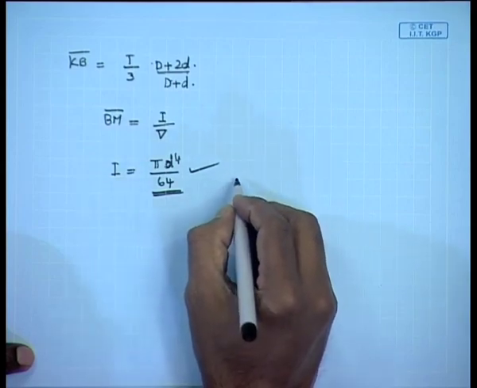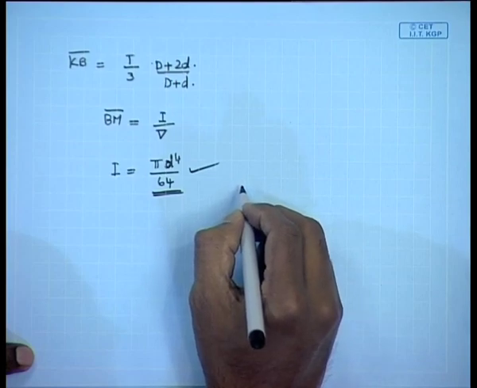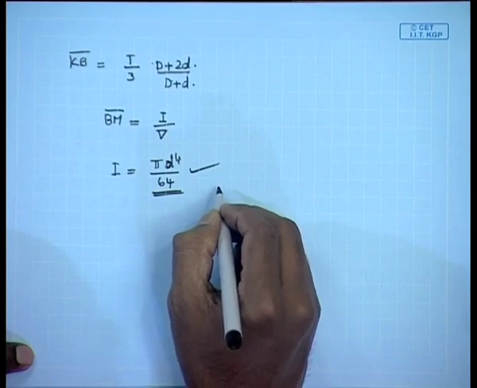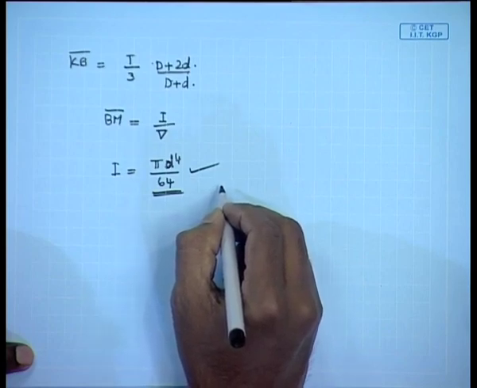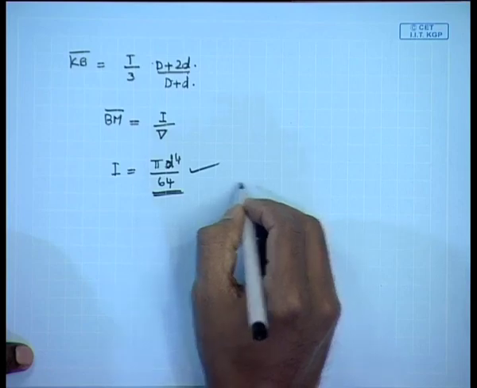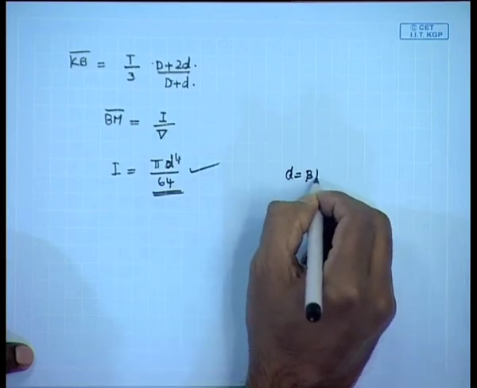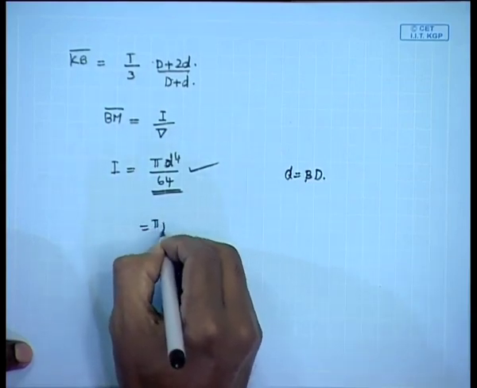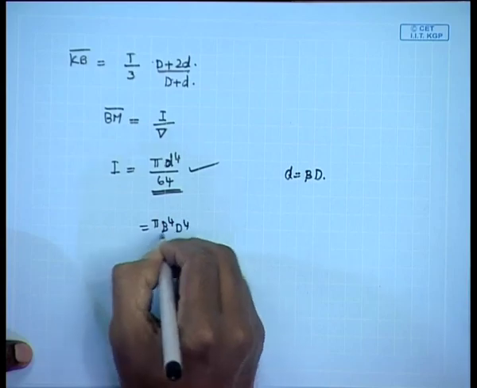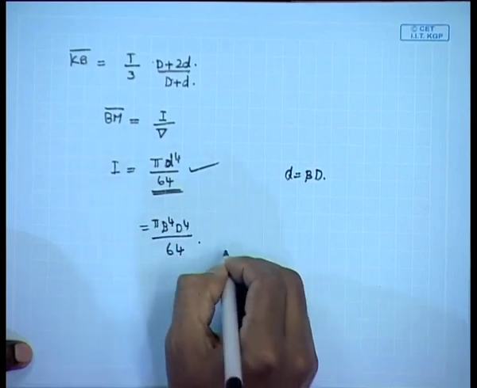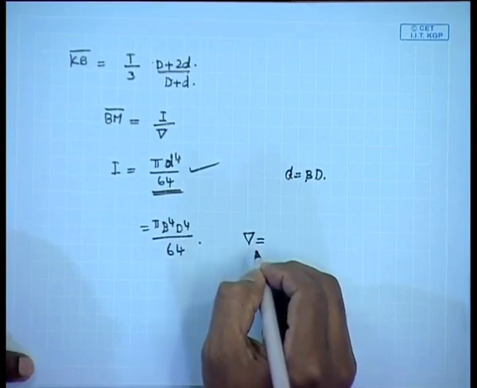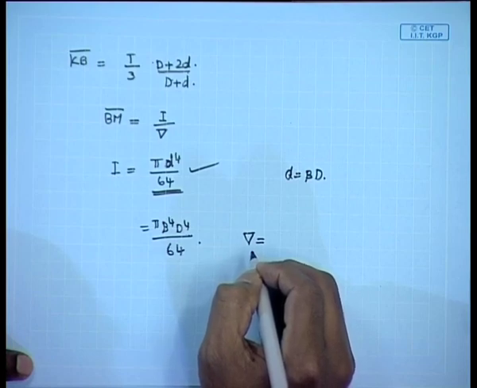Now d is equal to beta D, that comes from above, and therefore this is equal to pi beta power 4 D power 4 by 64. And del is the underwater volume. We are talking about the volume of a part of a cone. You can take that as the total volume minus the volume of the cone at the top, which will give you the volume underneath.